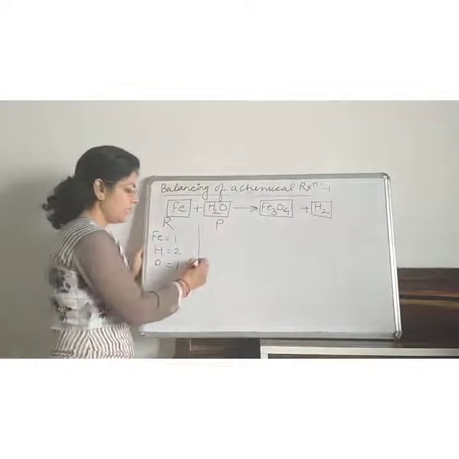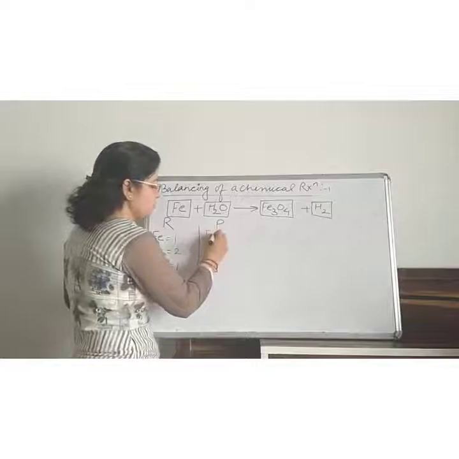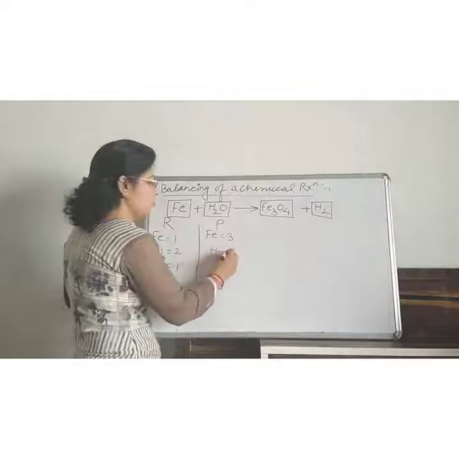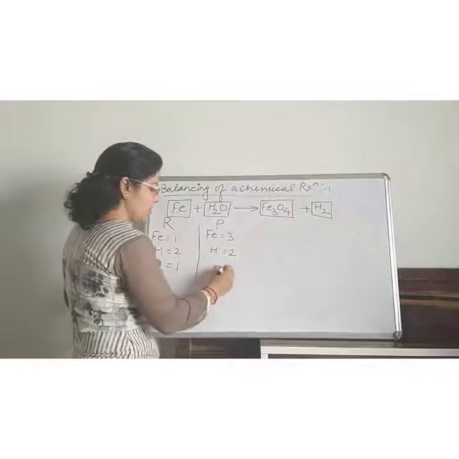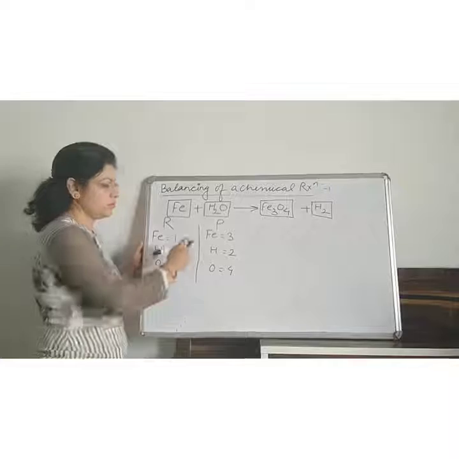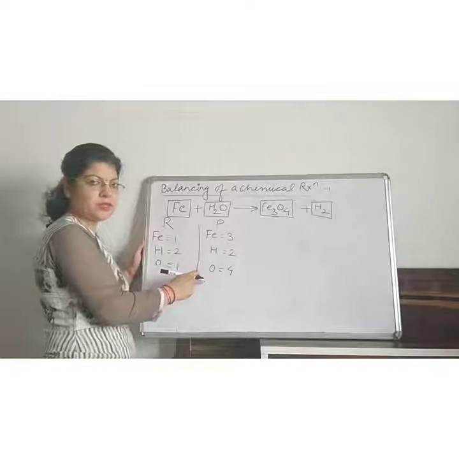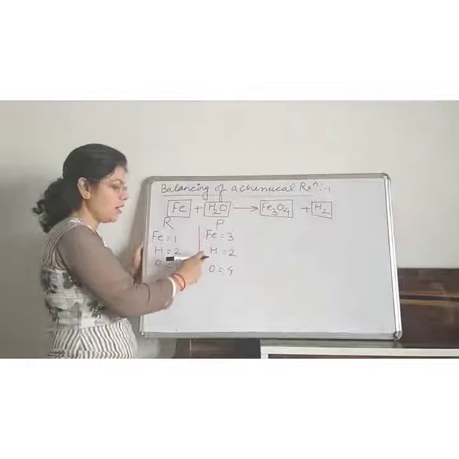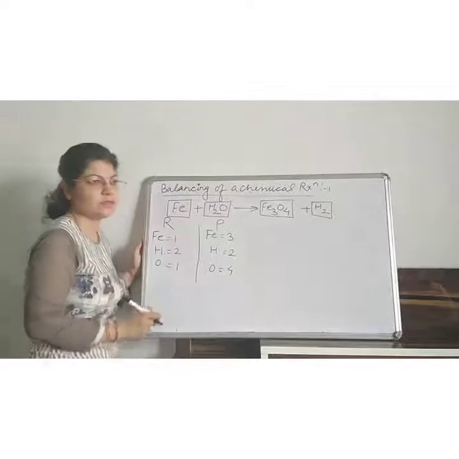And on the product side, the number of iron atoms is 3, hydrogen 2, oxygen 4. There are 3 types of atoms present in this chemical reaction: iron, hydrogen and oxygen.